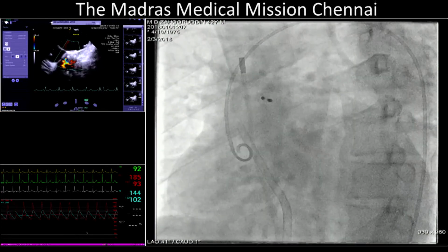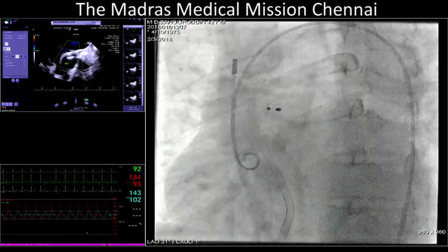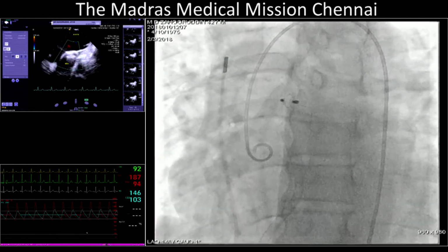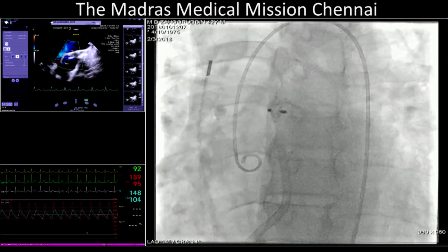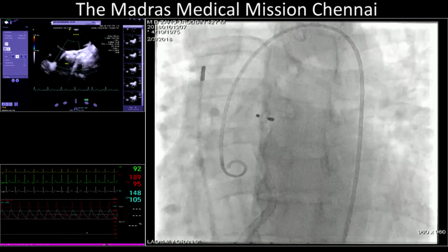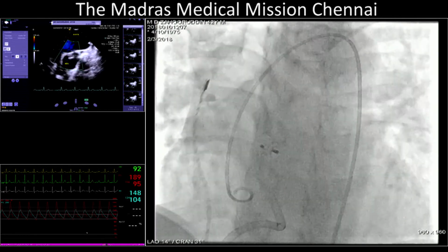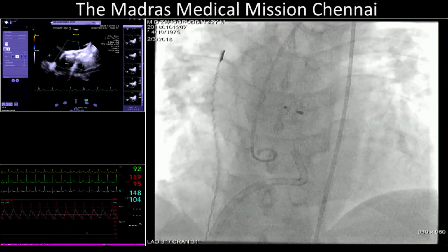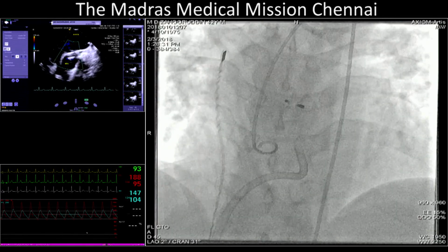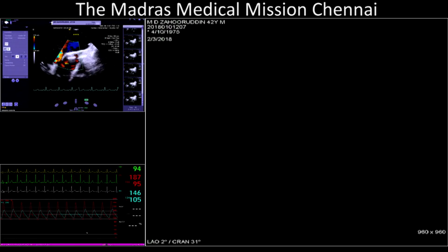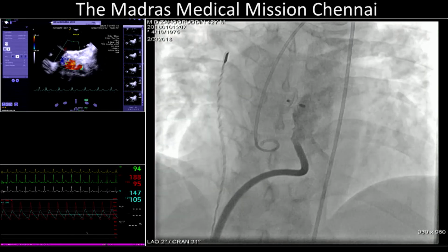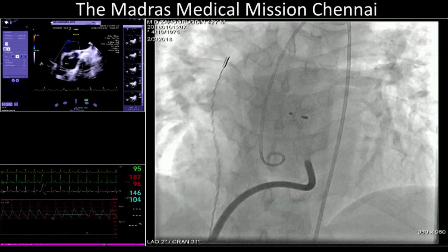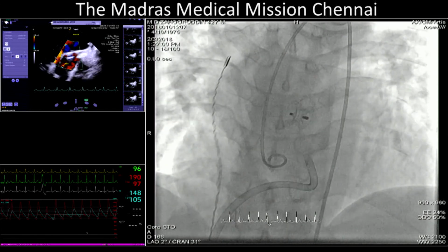Reduce. No, reduce significantly. Reduce further. Go steep cranial. A lot of cranial. Yeah, a lot of cranial. Yeah. Now reduce the projection. LAO. Looks perfect. Ready to inject? Shoot. Wonderful. Very nice. Freeze and really good.